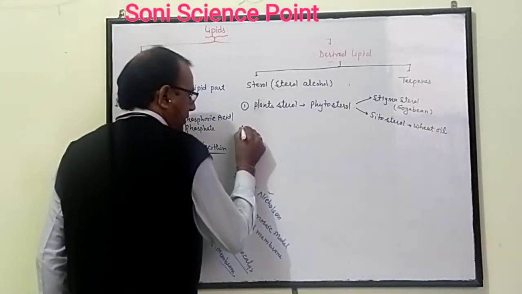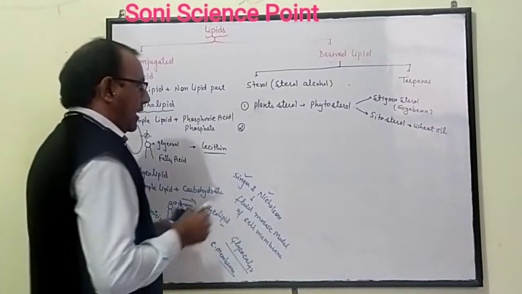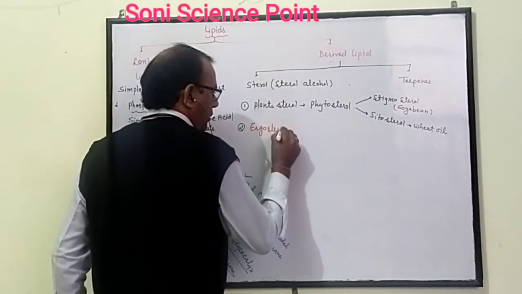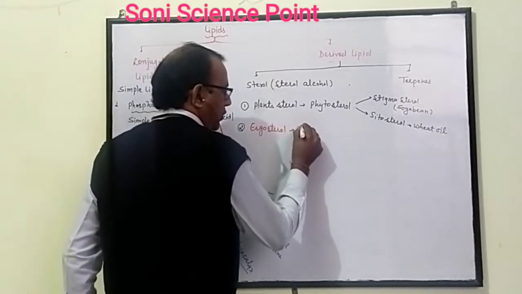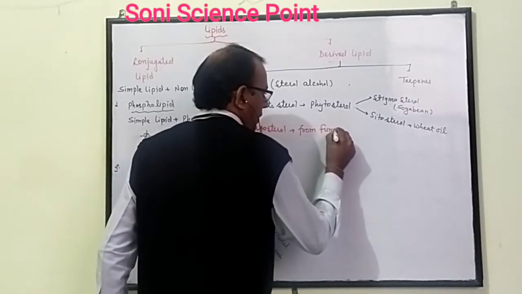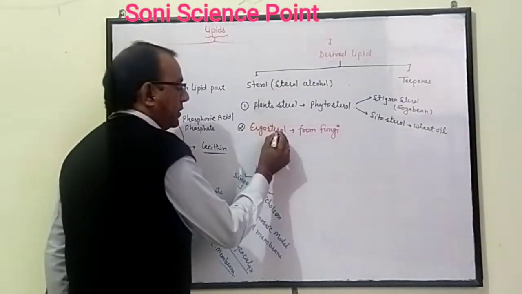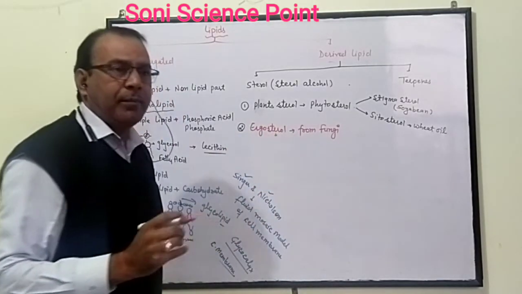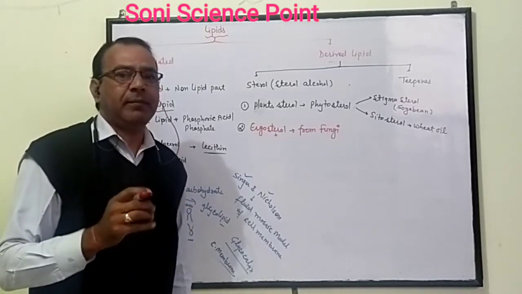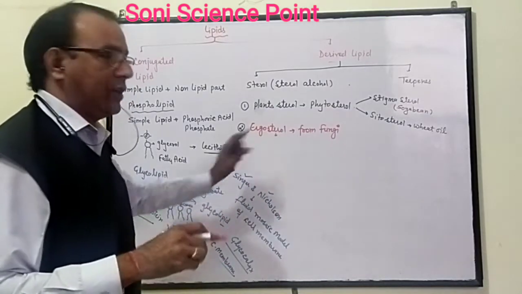The second one, the sterol which is obtained from fungi, is called ergosterol. This ergosterol is present in the cell membrane of fungi. As we know, fungi contain a cell wall of chitin, and chitin is mixed with ergosterol.